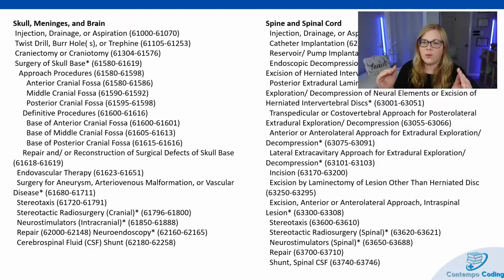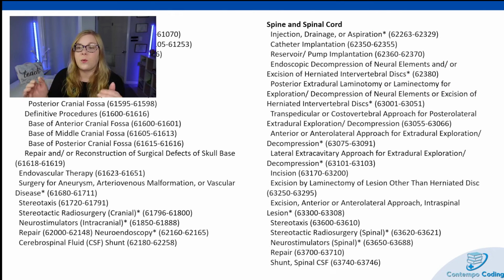And then we have repair and or reconstruction of surgical defects of the skull base, endovascular therapy, surgeries for aneurysm, arteriovenous malformations, or vascular disease. Then we have stereotaxis, stereotactic radiosurgery, neurostimulators, repair and neuroendoscopies, and then cerebrospinal fluid shunts. After that, we're into the spine and spinal cord, so incision, drainage, or aspiration, just like on the other side.